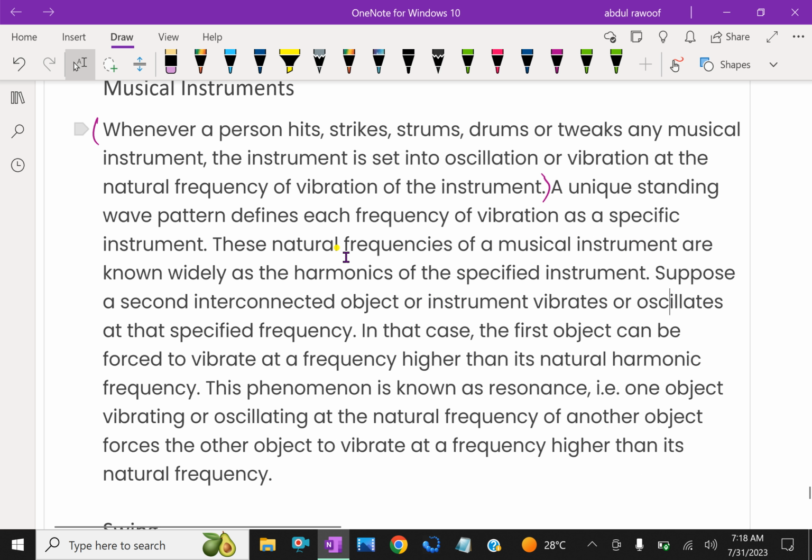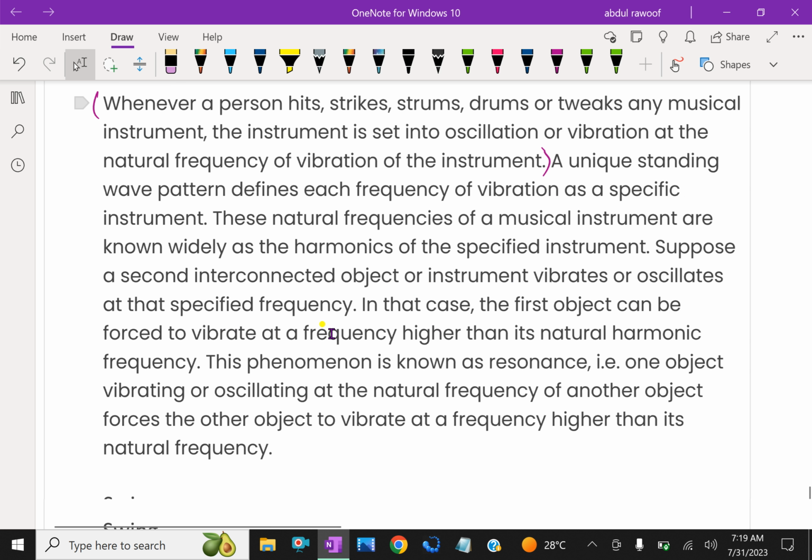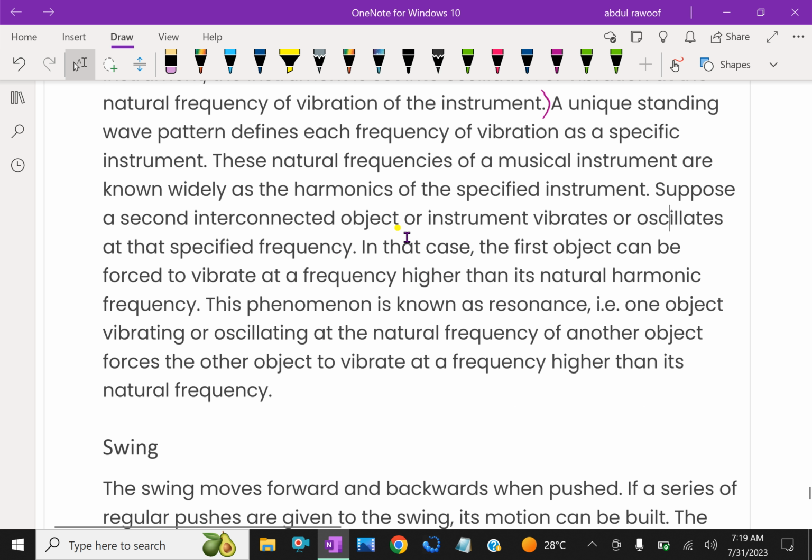A unique standing wave pattern defines each frequency of vibration of a specific instrument. These natural frequencies of a musical instrument are widely known as the harmonics of the specified instrument. Suppose a second interconnected object or instrument vibrates or oscillates at that specified frequency.